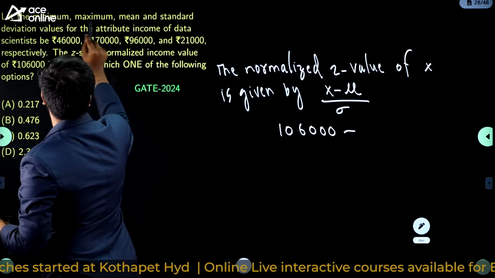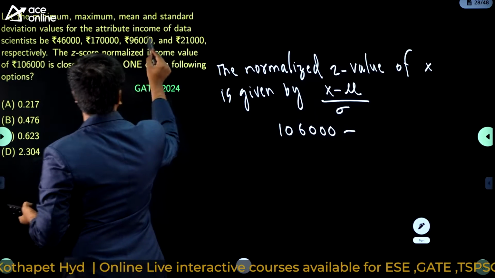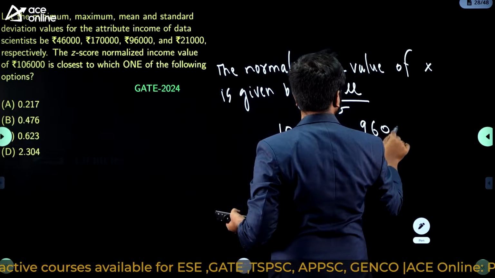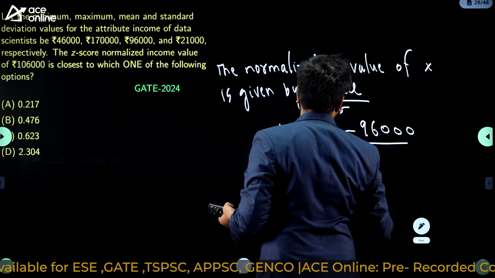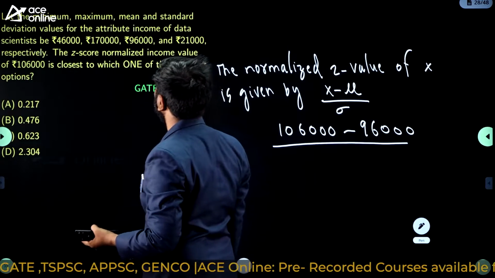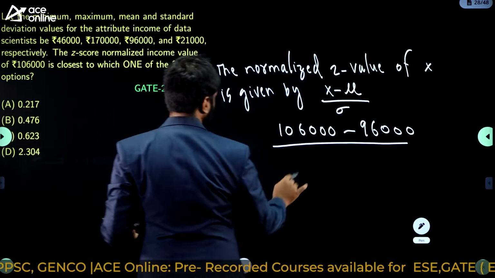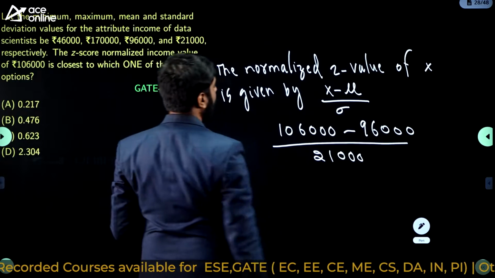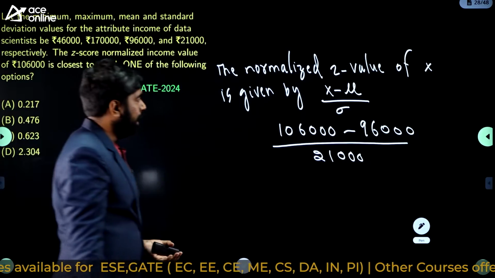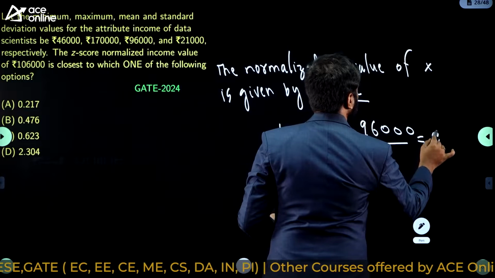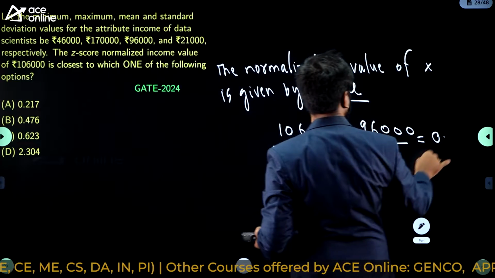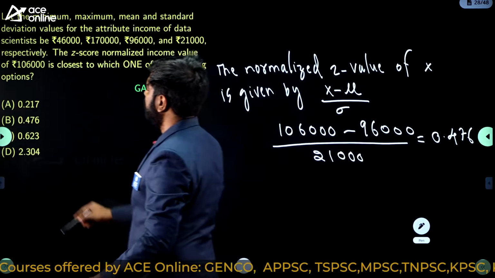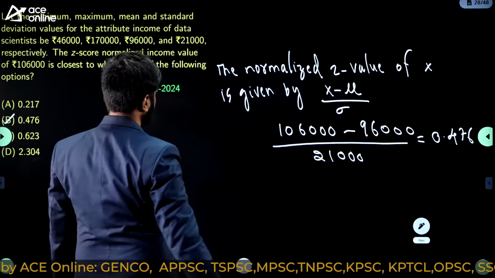They gave the minimum, maximum and mean, and the mean is 96,000. Then the whole is divided by the standard deviation, which is 2100. If you use your calculator, you will get the answer, and it turns out to be closest to 0.476. You can use your calculators to get the answer. This was another simple question.